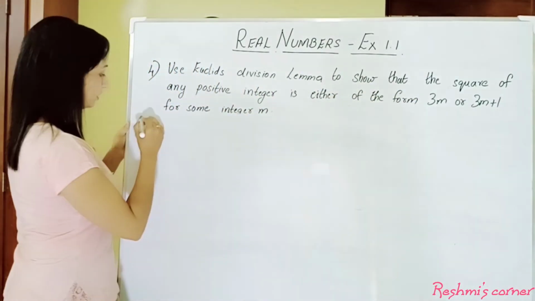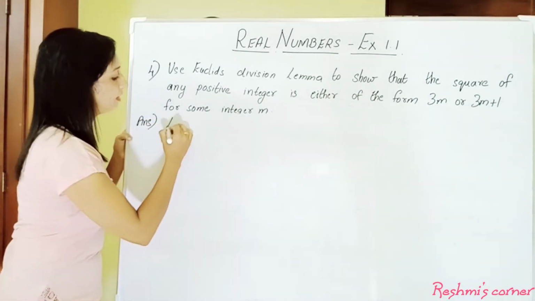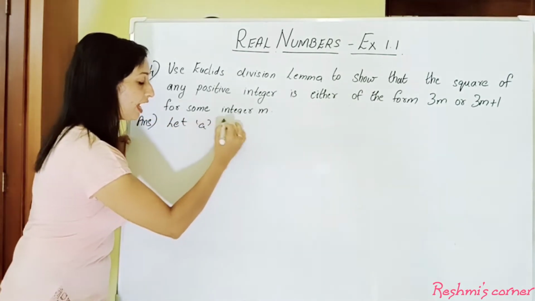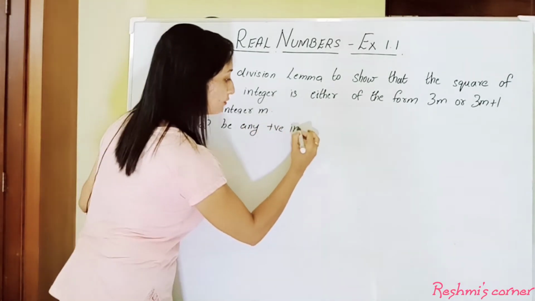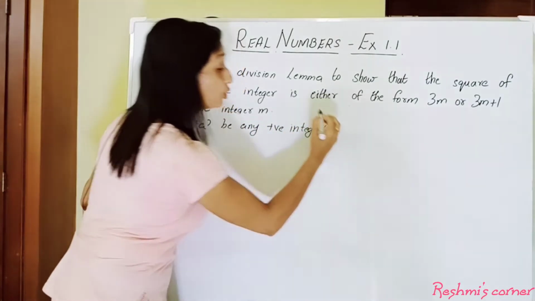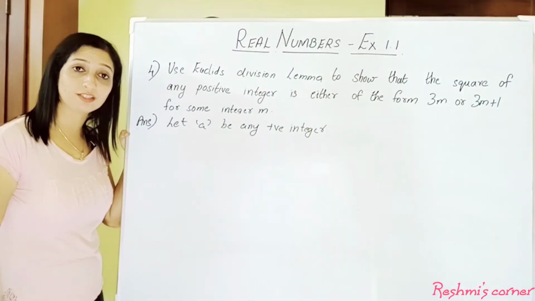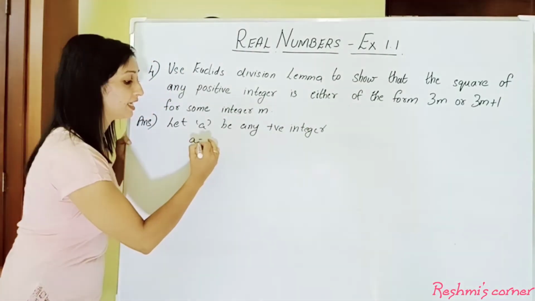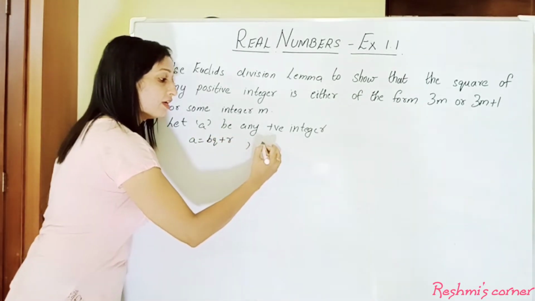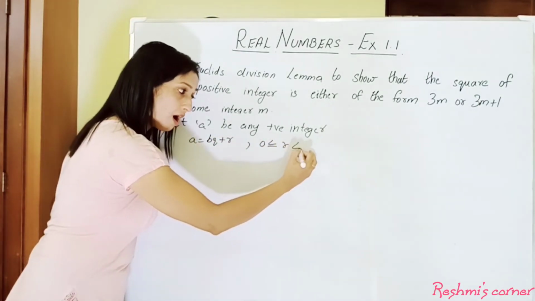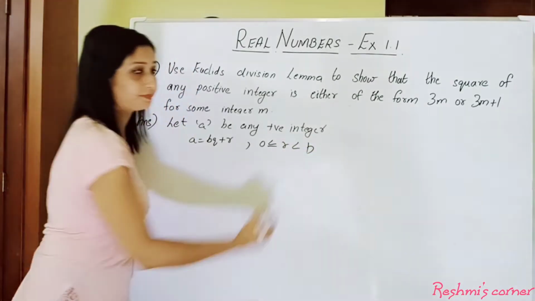So how do we start with the answer? Let a be any positive integer. Then what do we know by using Euclid's division lemma? We know that a is equal to bq plus r, where 0 is less than or equal to r less than b.